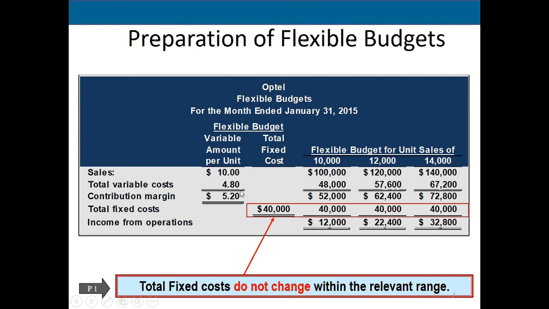So some changes have been made here. In any case, we've moved this to a contribution margin type income statement. Fixed costs still do not change within the relevant range. We have to bring them down in whole.